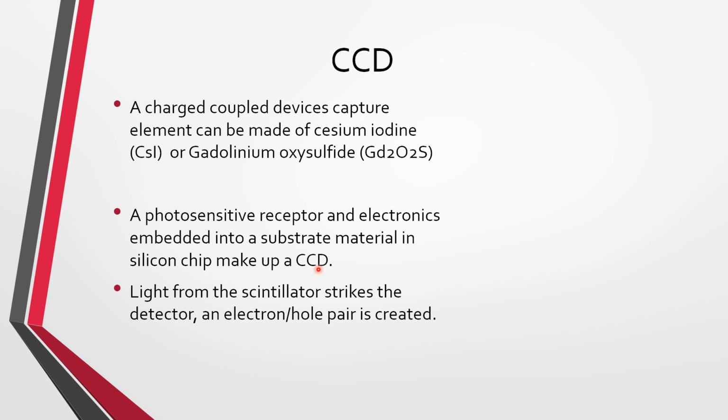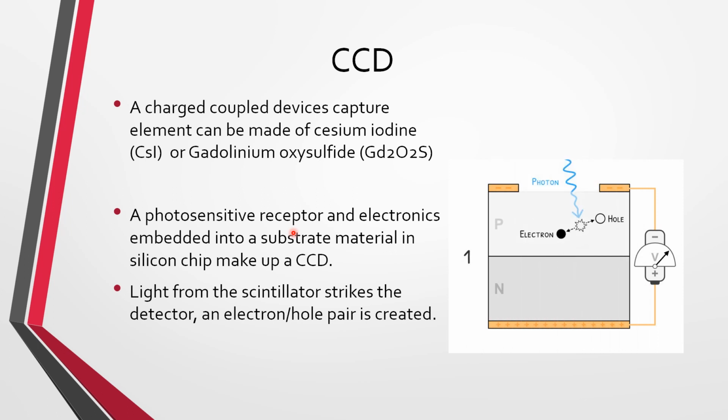Light from the scintillator strikes the detector, and an electron-hole pair is created. This sounds kind of complex, but it just means that there's energy. There's p-type and n-type, but when the energy hits an atom inside of here, it will energize the atom.